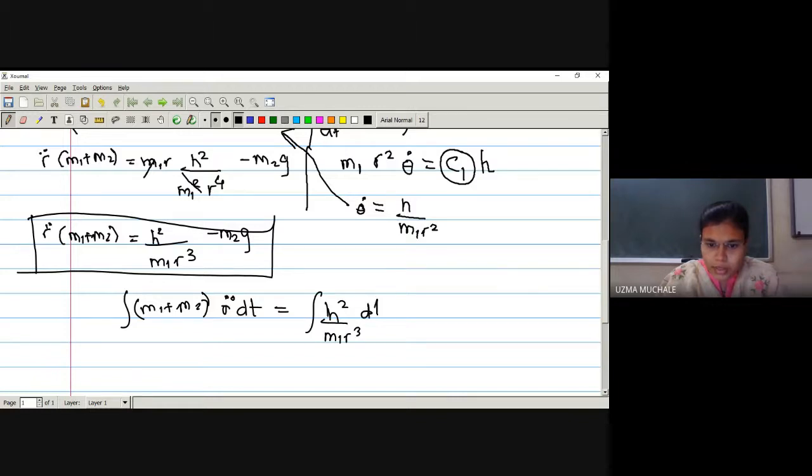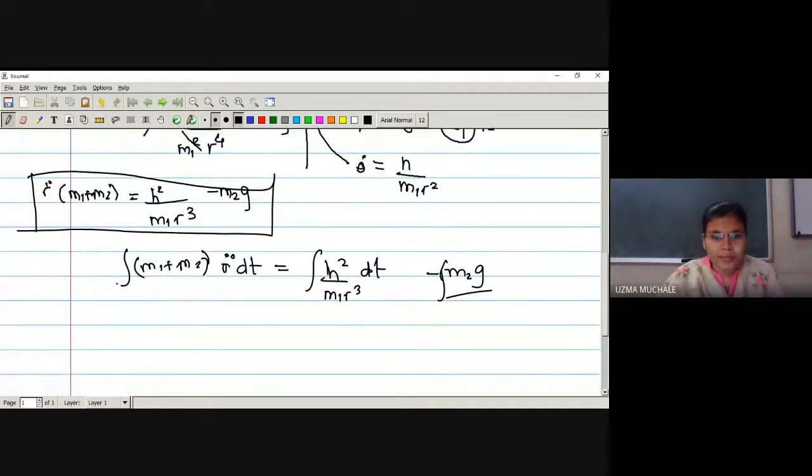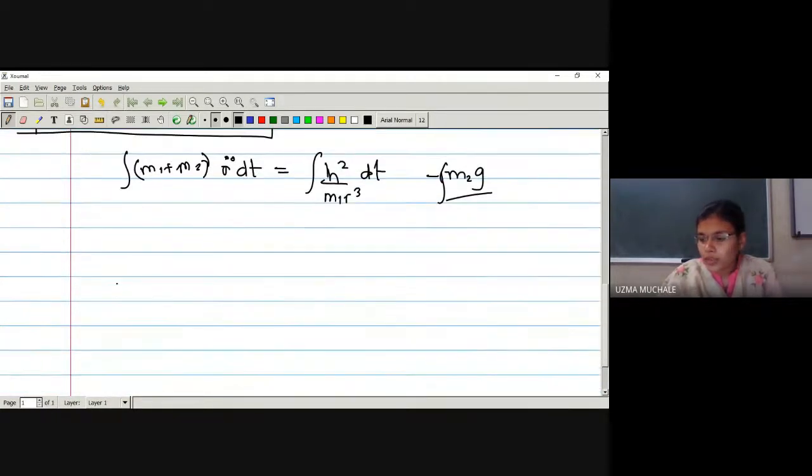Integration is again with respect to t, minus mass and gravitational acceleration, both are constant. There is no problem for this term. You have to do some adjustment so that you can find out the integration of this term. Otherwise, I'm going to share the notes. At that time, you will get the answer for this question. Right. So let us go for the next one.